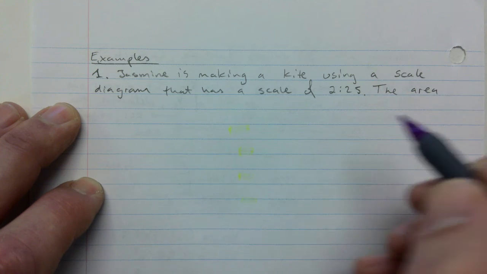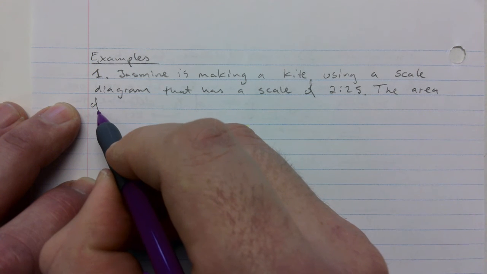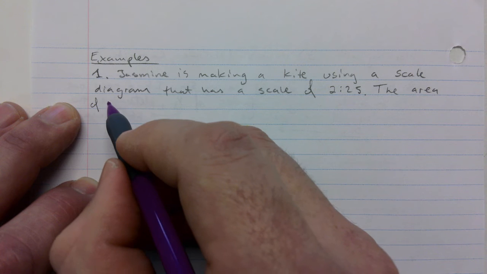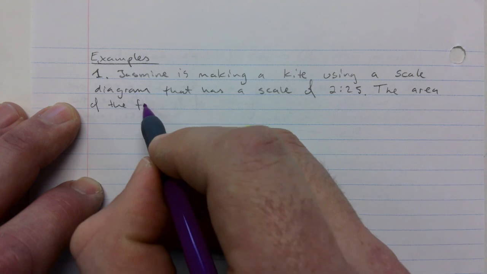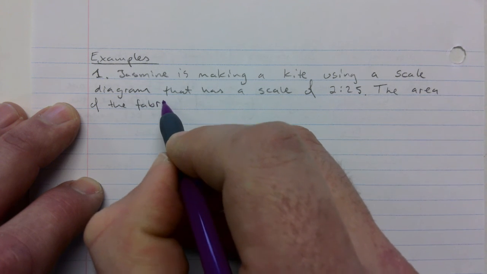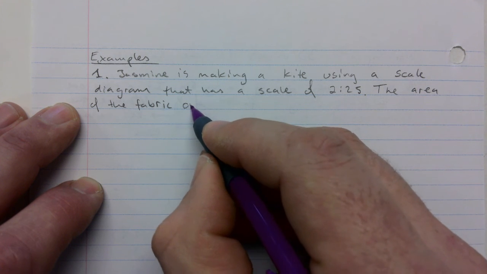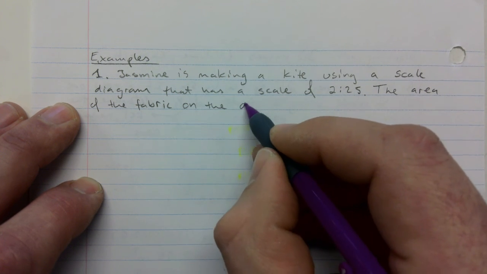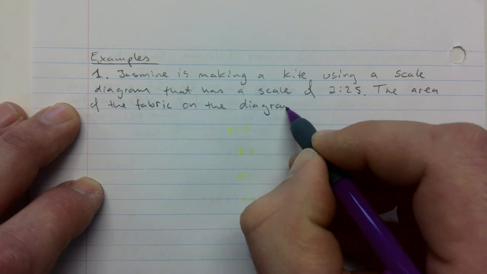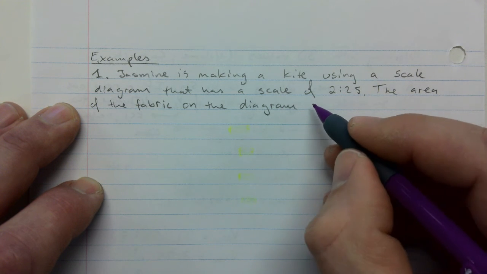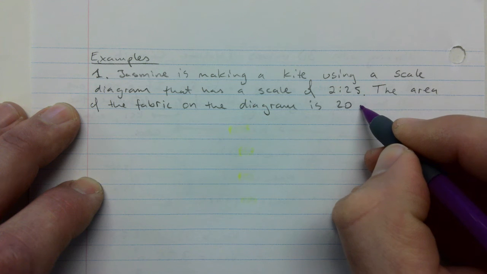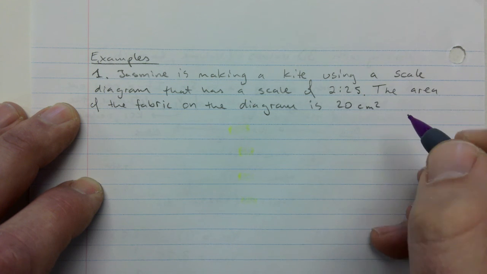The area of the fabric on the diagram is 20 centimeters squared.